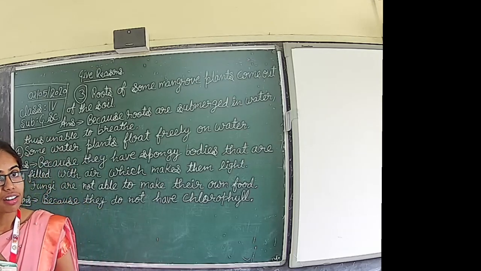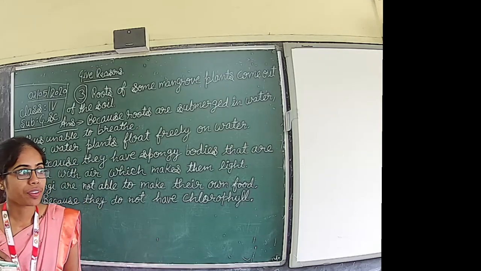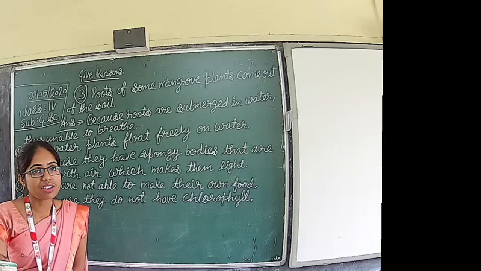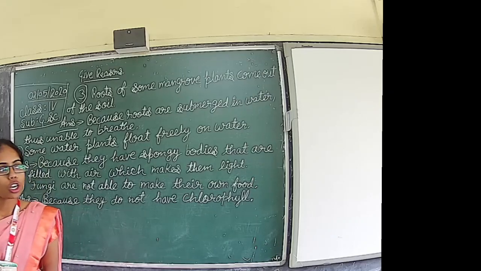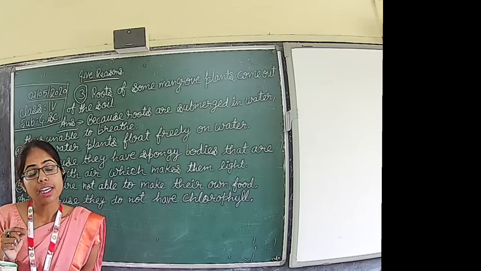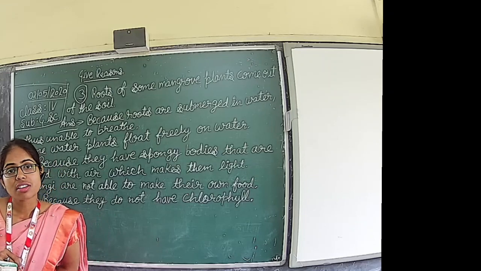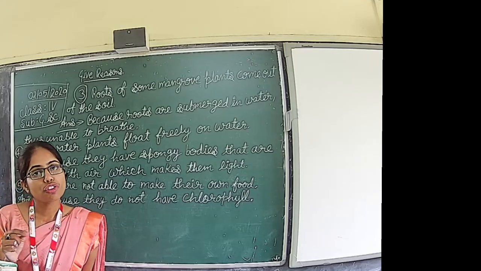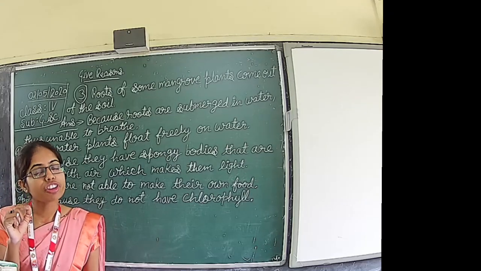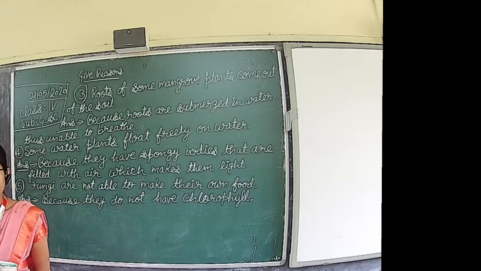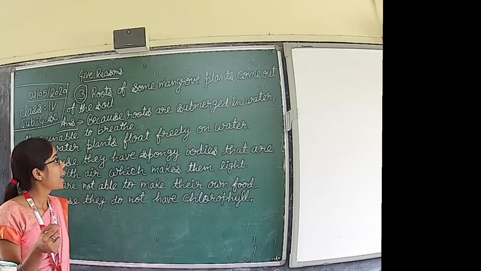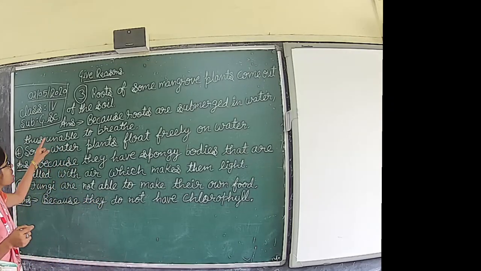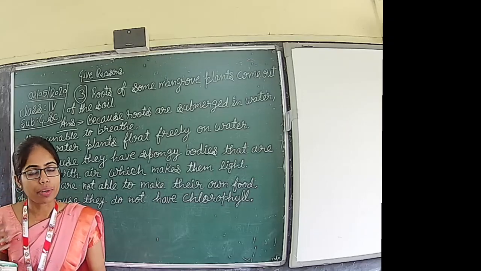The roots of this plant, not the whole plant but the roots only, are submerged inside the water, and for that reason they are unable to breathe. That's why their roots come out, so that they can breathe properly.